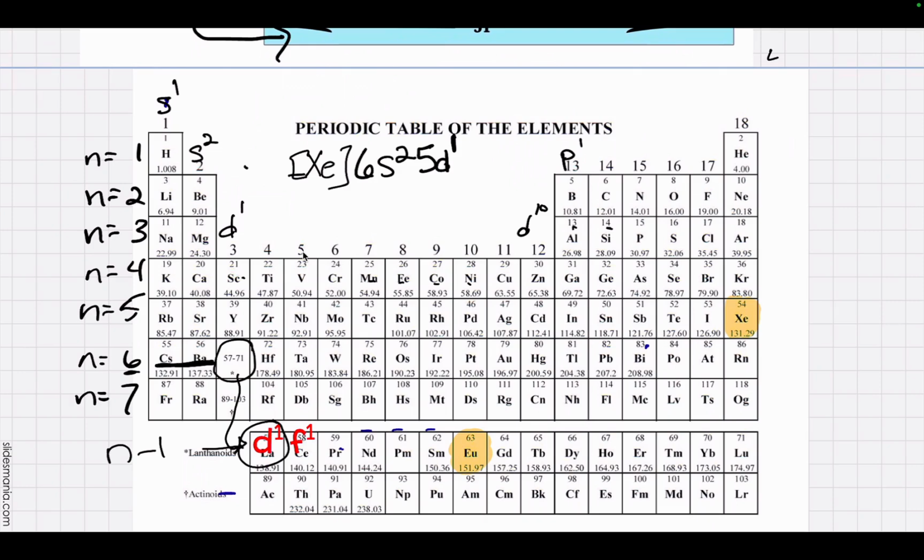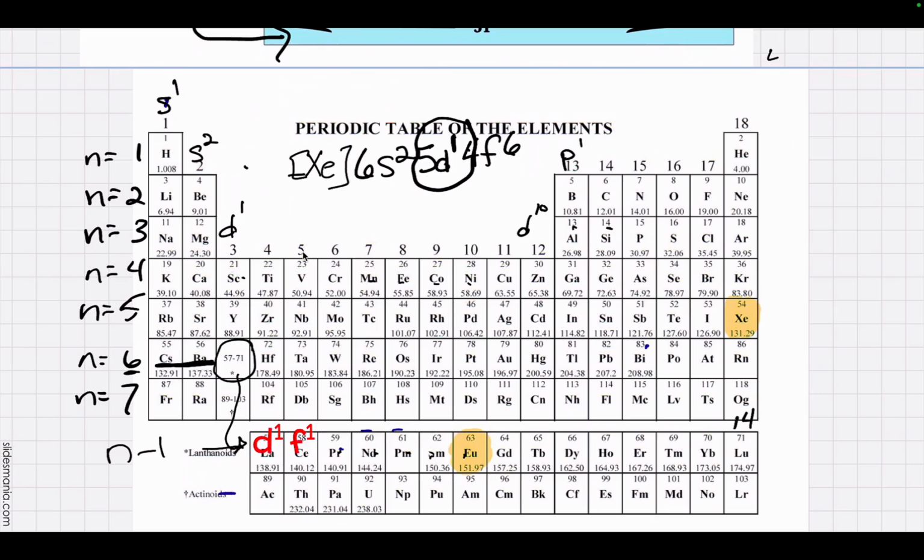The first f orbital is this element, and then there's 14 of them. But we're going to europium, so it'd be f 1, 2, 3, 4, 5, 6. So it would be 4f6. You only need to write the d if it is in the process of filling and ending. The electron configuration will end in the f block.